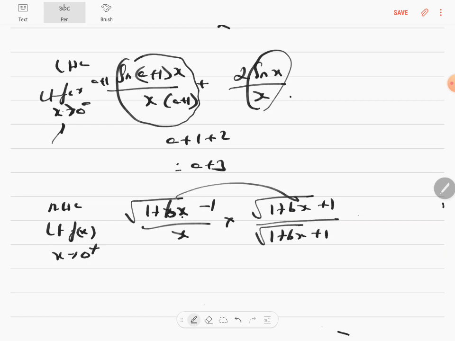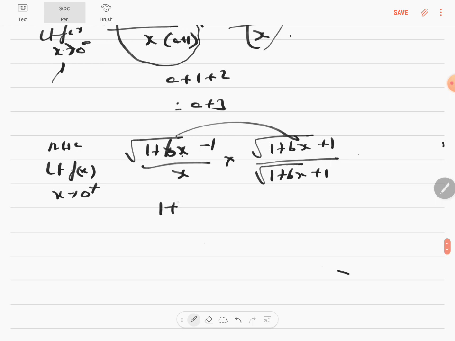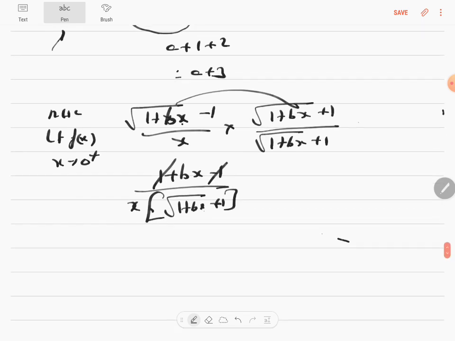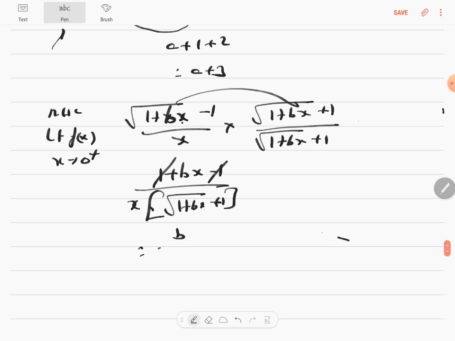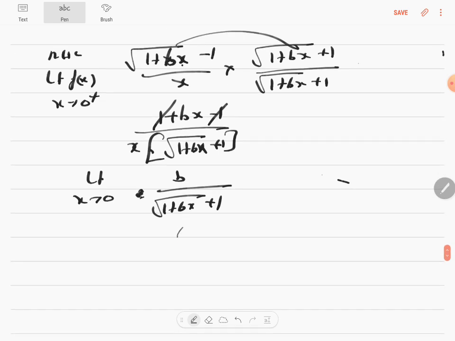So this becomes a square minus b square: 1 plus bx minus 1 by x into bracket root of 1 plus bx plus 1. So 1 and 1 get cancelled. x and x also get cancelled. b by root of 1 plus bx plus 1. Correct? Now you put limit x tends to 0 here. The denominator is not becoming 0. It is becoming b by 2.